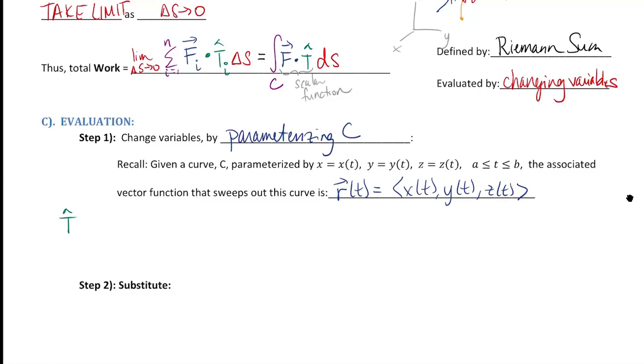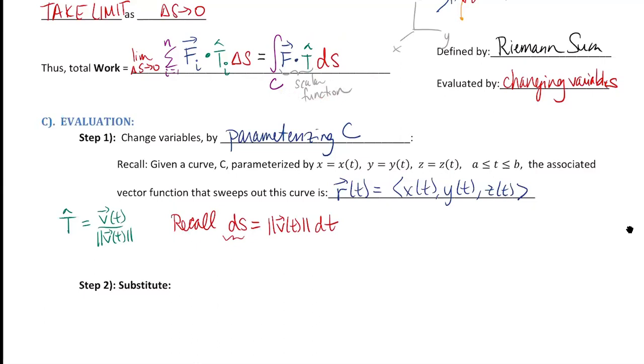So recall t hat, which is my unit tangent vector, I can get by taking my velocity vector and then normalizing it. And I know how to rewrite ds from last time in terms of t. This is a tiny little distance, which is equal to my speed times a tiny little time. And now I'm ready to substitute everything into this integral up here so that I can actually evaluate.